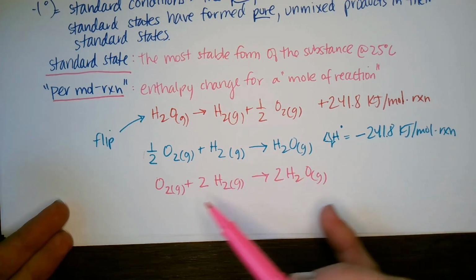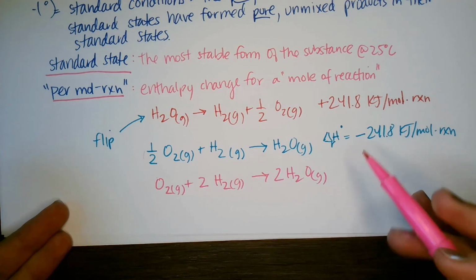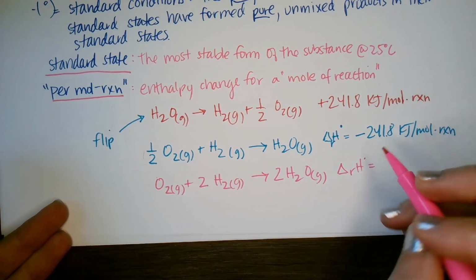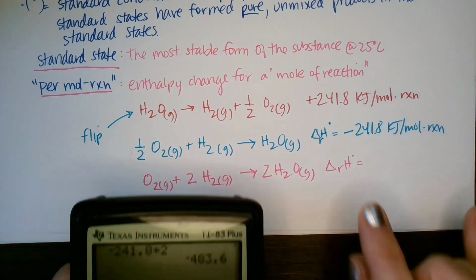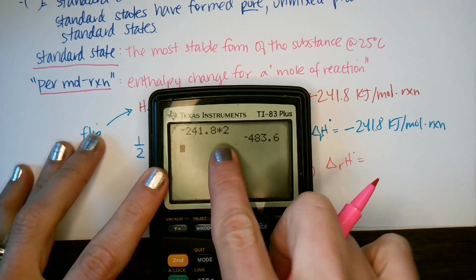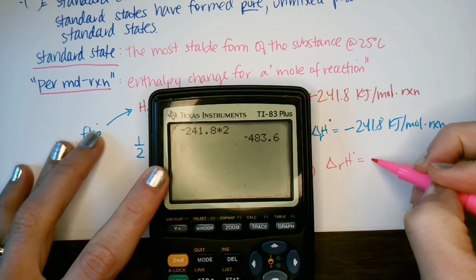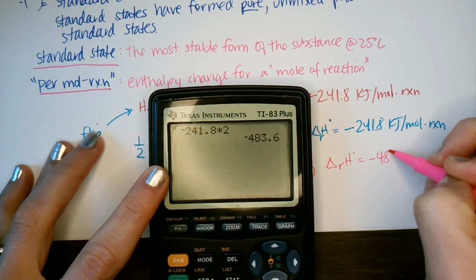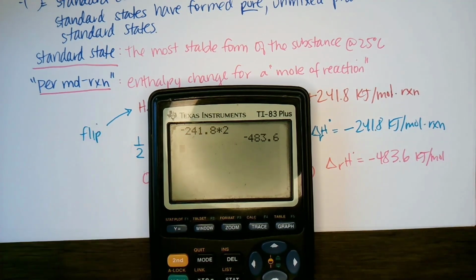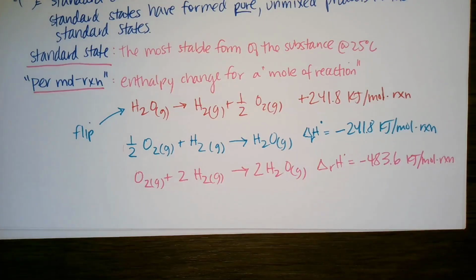To go from 1 to 2, I had to double it. To go from 1 mole of H2O to 2, I doubled it. We're still all balanced. But if I do that, my enthalpy also doubles. So I take my negative 241.8 and multiply it by 2, so my enthalpy for this reaction is negative 483.6.